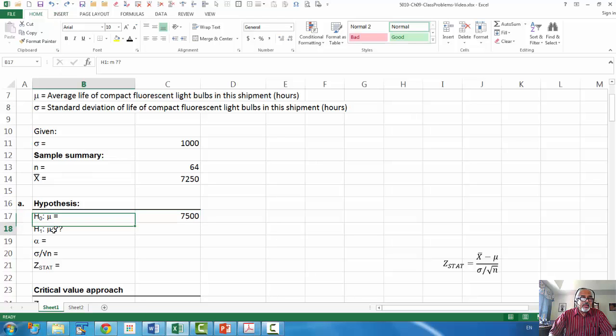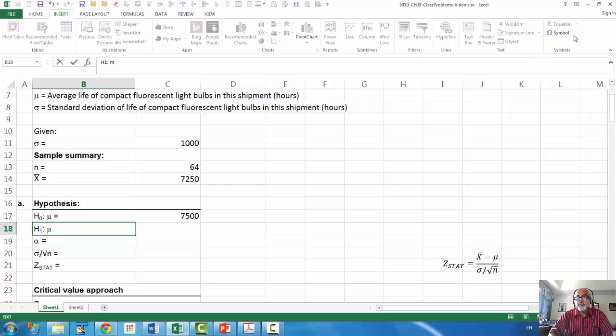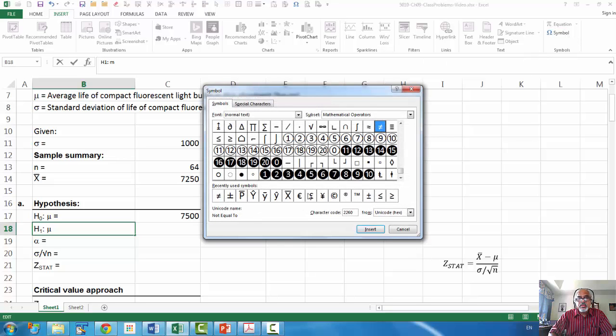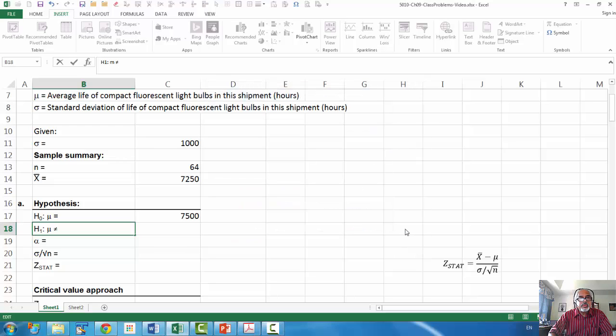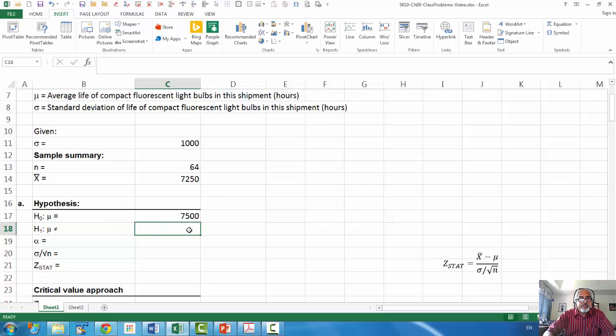Then the alternative hypothesis H sub 1 is mu not equal to 7,500. You can go to insert symbol and insert not equal to. So that's the opposite of the null hypothesis.